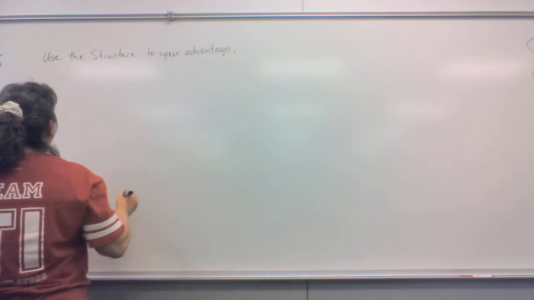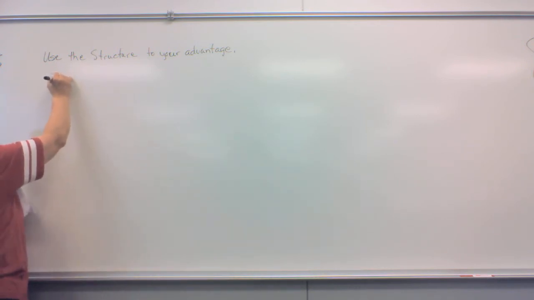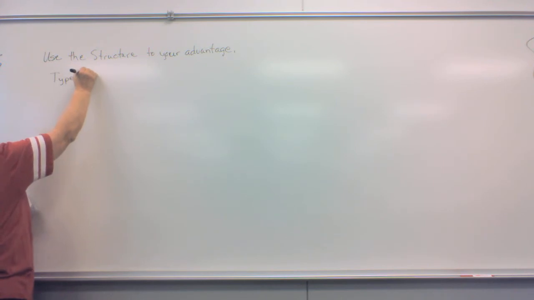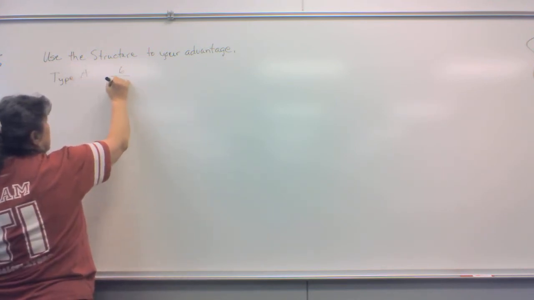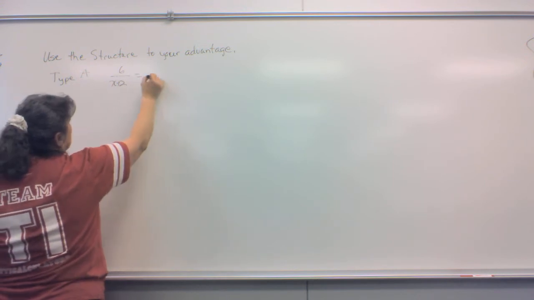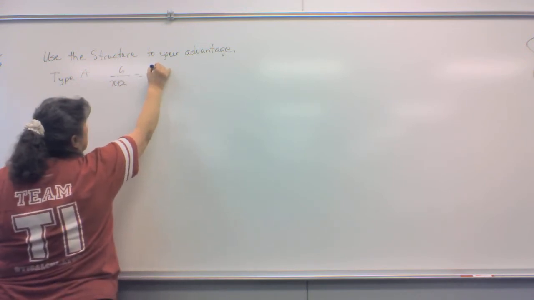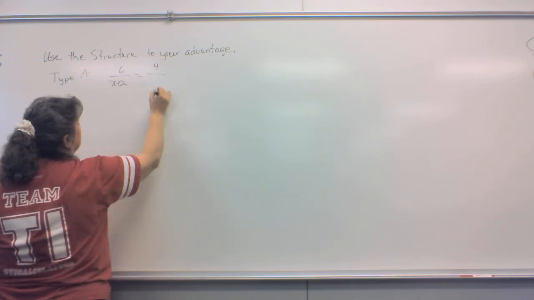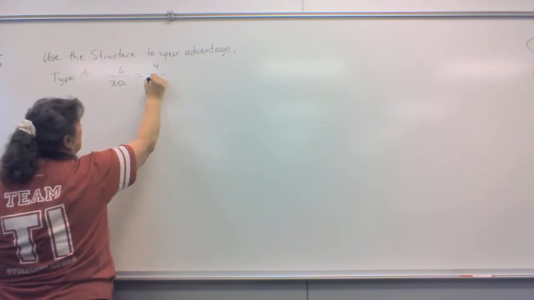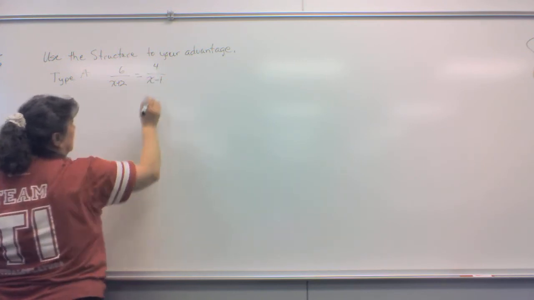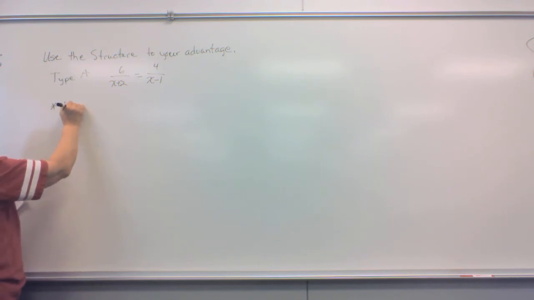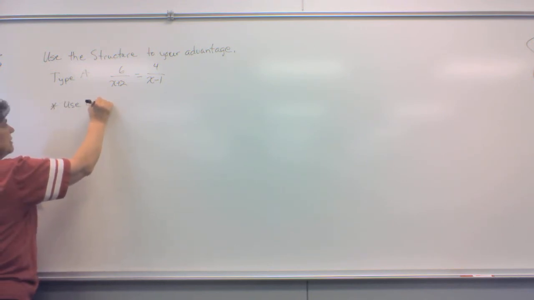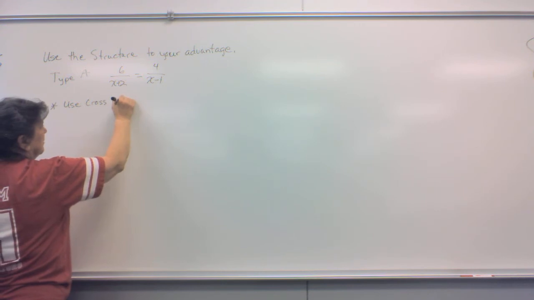Okay. So if I have that type A, remember with that type A, I had something like 6 over x plus 2 is equal to, how about 4 over, I don't know, x minus 1. If we have something like that with a type A, you will use cross products and then solve.